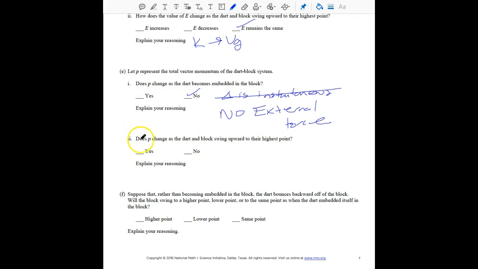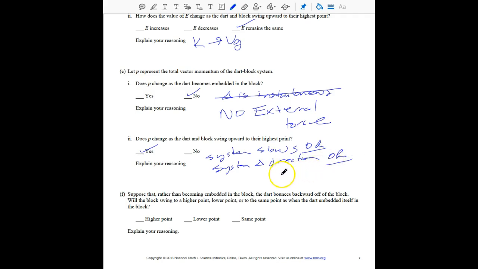For the second part, does the momentum change as the dart and block swing upward to the highest point? So yes, it does change, and it changes either because the system slows, so you can put that, or you can say that the system's motion changes direction, and these are all ors, so you can put any of them.